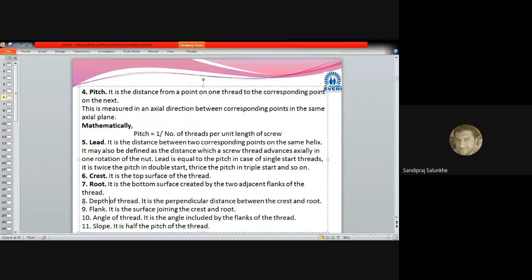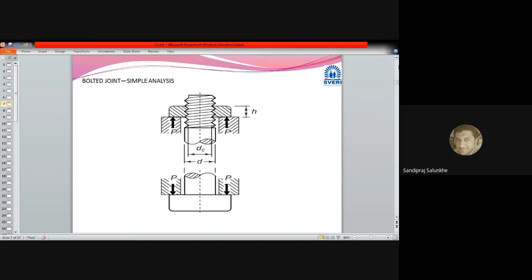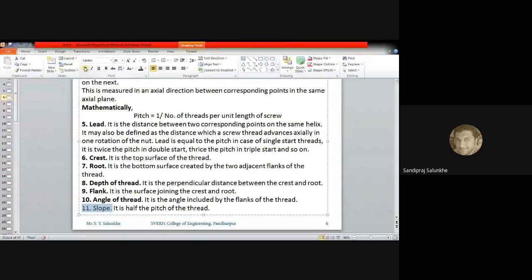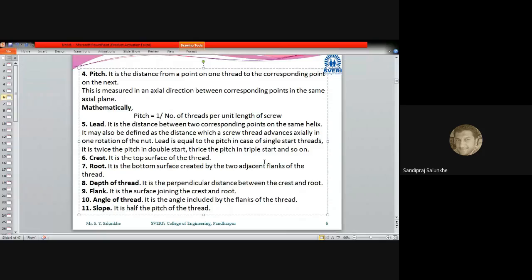For example, we can take the example of a water bottle. In the case of a water bottle, only half a revolution is sufficient to open it. Why?